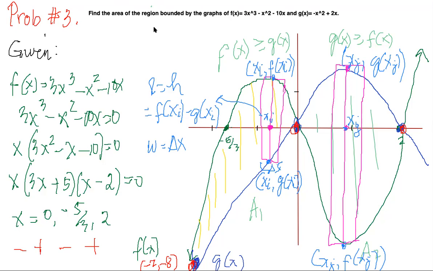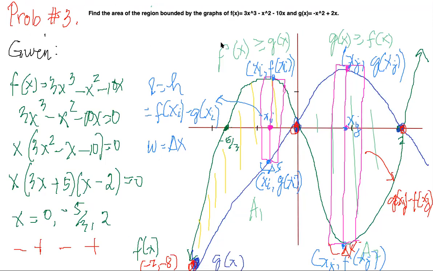Let's proceed to the next one. Here our height is the upper part, where g of x is greater than f of x. So therefore, g of x sub j minus f of x sub j. Understood? And our width is delta x. These are now our parameters that we're going to use. So we have area 1 and area 2.